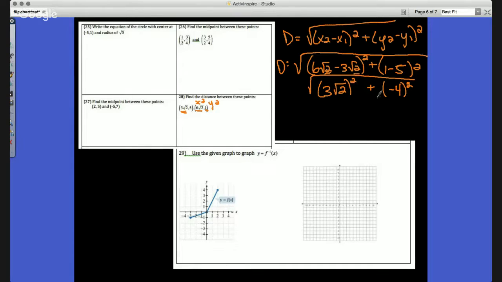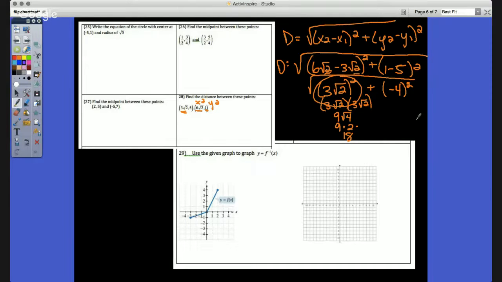We work inside out, so we square 3 square root of 2. 3 square root of 2 times 3 square root of 2: we multiply the outsides together to get 9, and multiply the insides together to get square root of 4. The square root of 4 being 2, 9 times 2 gets me 18. So we have 18 for this part right here.